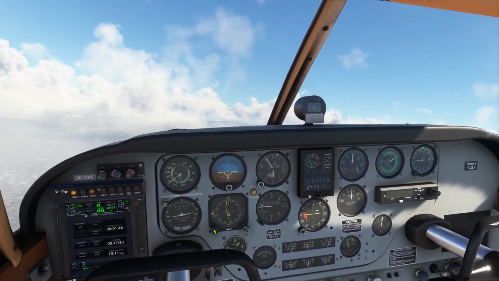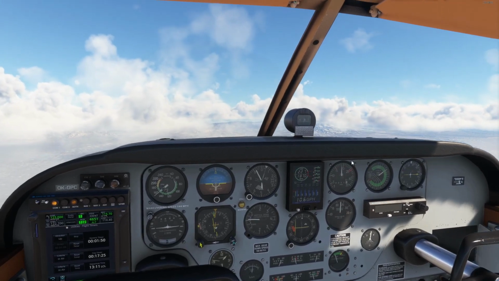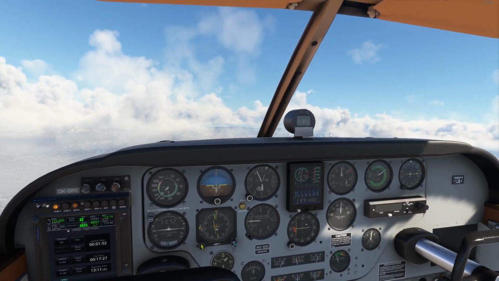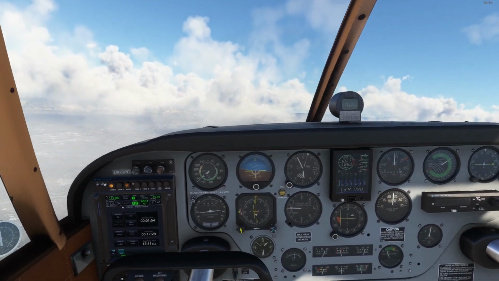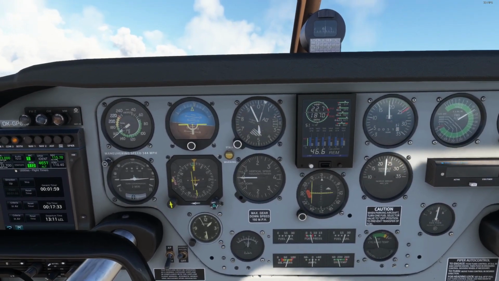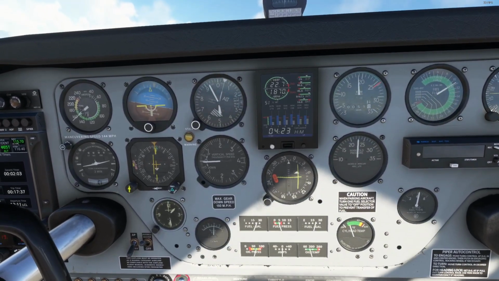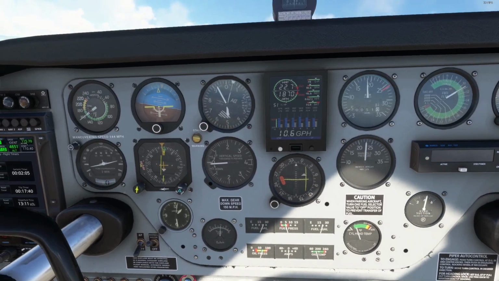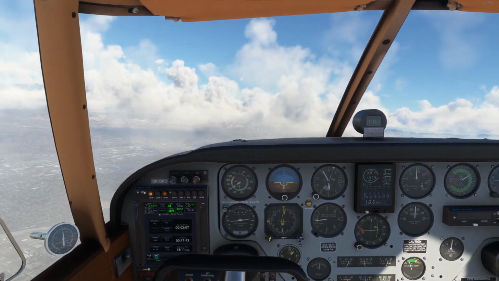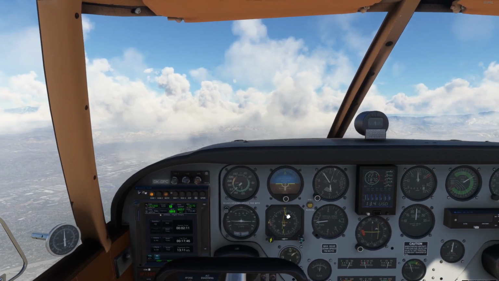And we need to cross the radial 164. Inbound, so 164 will go down. So when this starts to get closer, I know that it's time to turn.